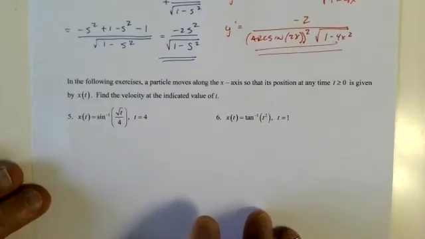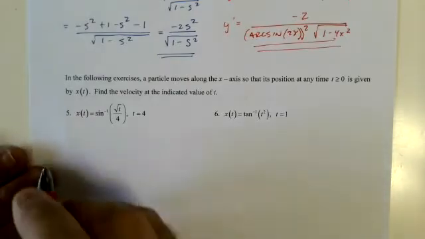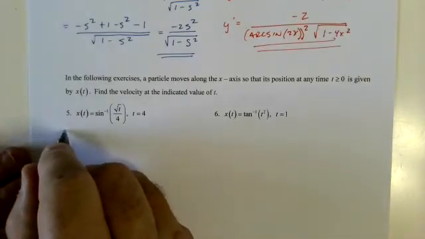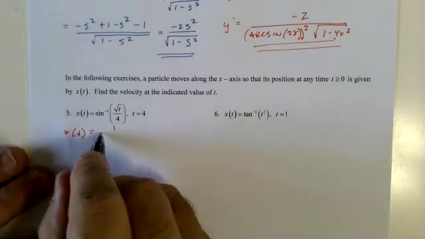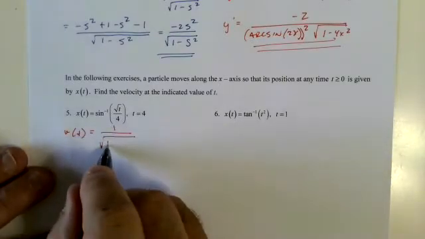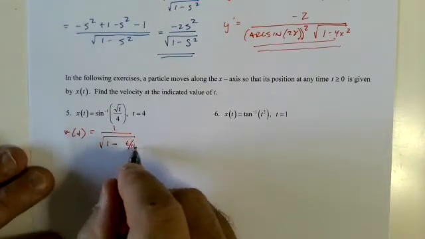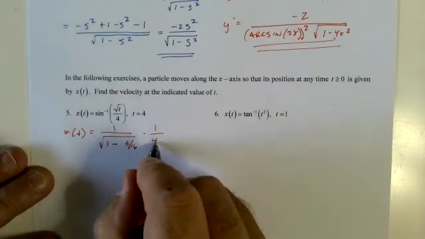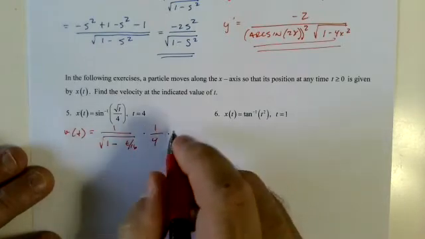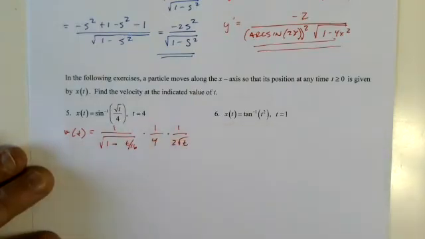In the following particle, find the velocity at t. One over the square root of 1 minus t over 16, times 1/4 times 1 over 2 square root of t.